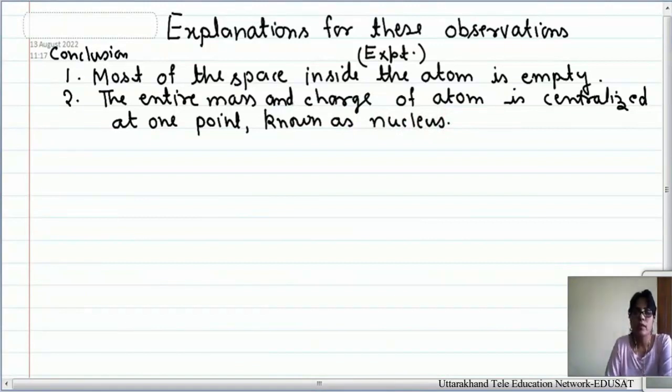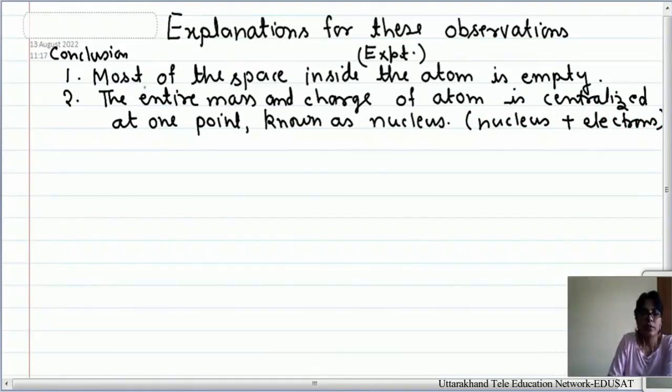In the Thomson model, Thomson said that there is a sea of positive charge and electrons are embedded in it. But according to the Rutherford scattering experiment, most of the space inside the atom is empty and the entire mass and charge of the atom is centralized at one point known as the nucleus. So after Rutherford, we had the concept of nucleus and electrons. This concept was first given by Rutherford, that there is a nucleus and electrons are around the nucleus.